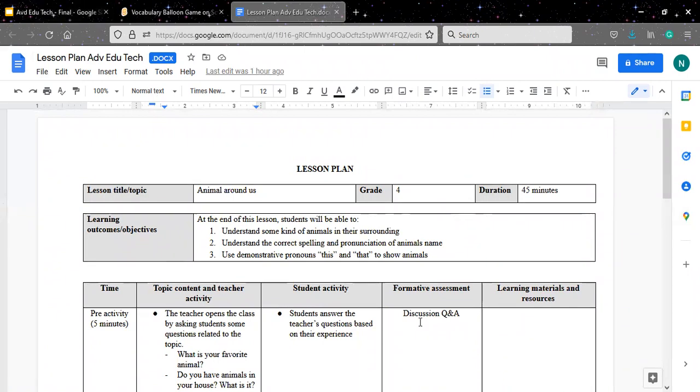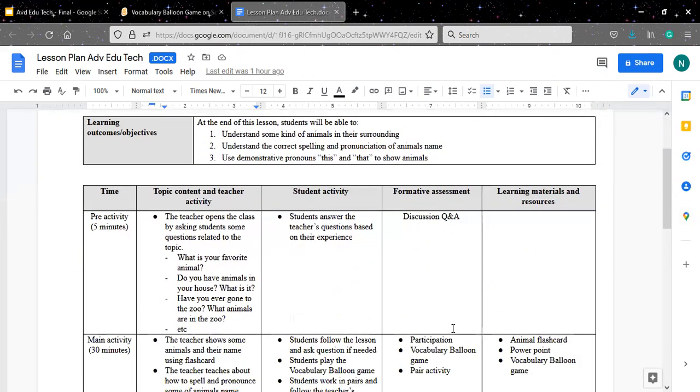This can help students achieve two learning objectives: understanding some kinds of animals in their surroundings, and understanding the correct spelling and pronunciation of animal names.